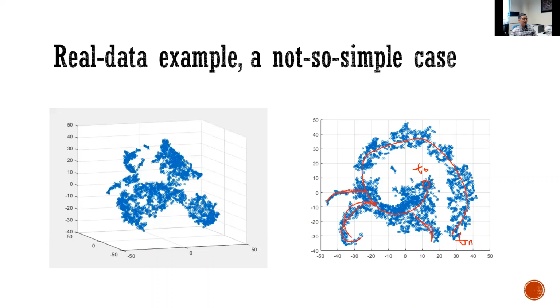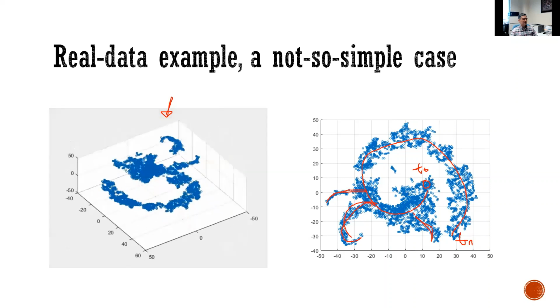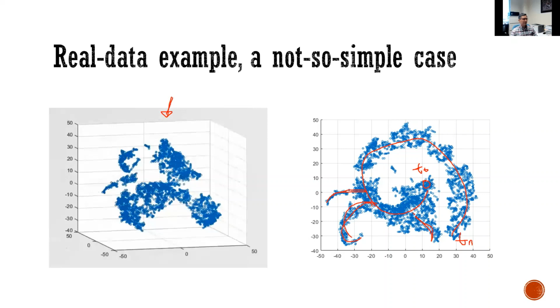When you look at the three-dimensional distribution of cells, you will see this structure is more complex than you thought. So you may want to have an algorithm to follow a trajectory of this shape.